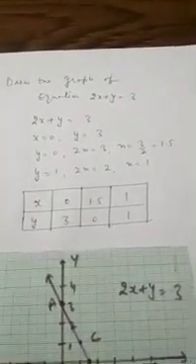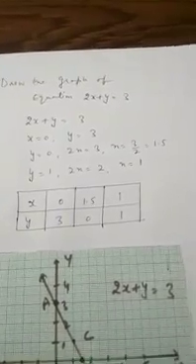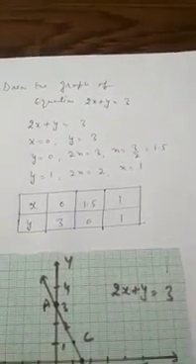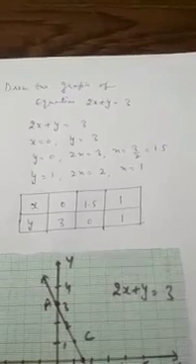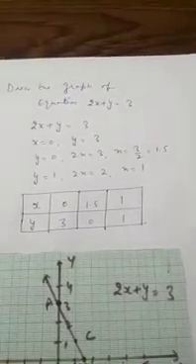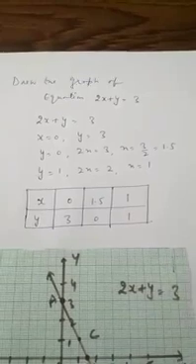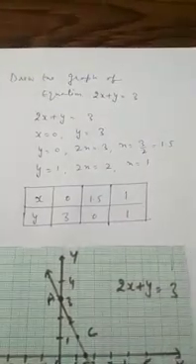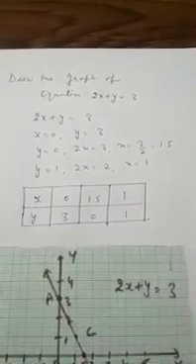So let's take one more example. Draw the graph of the equation 2x plus y is equal to 3. Very simple. In the same way, if I take x as 0, y will be 3.